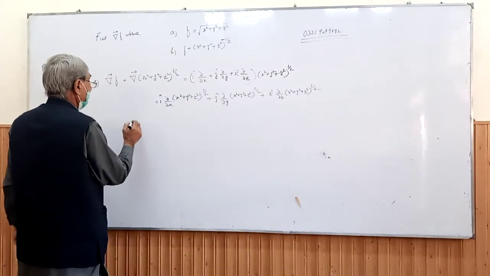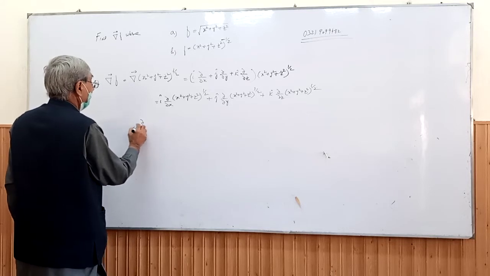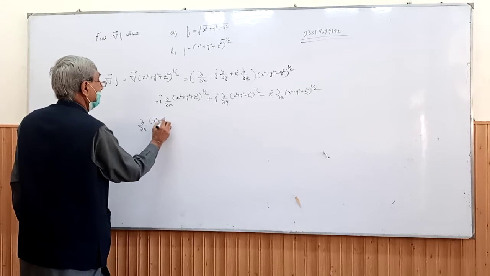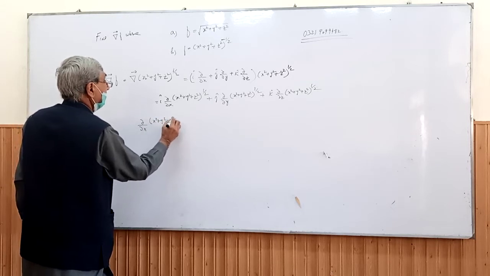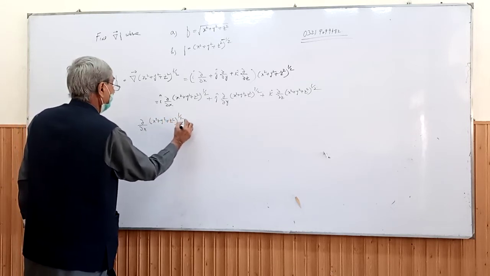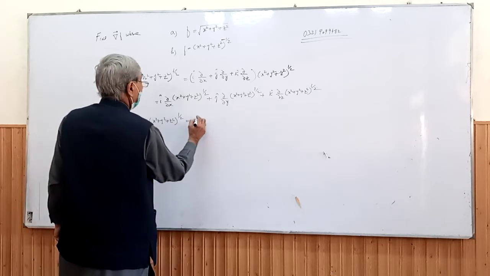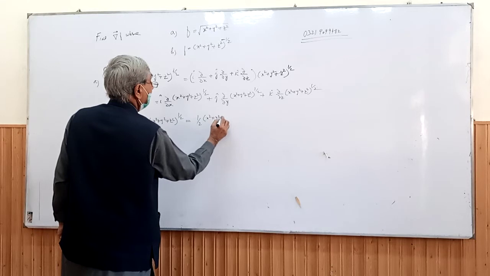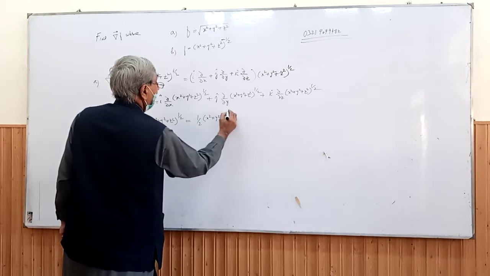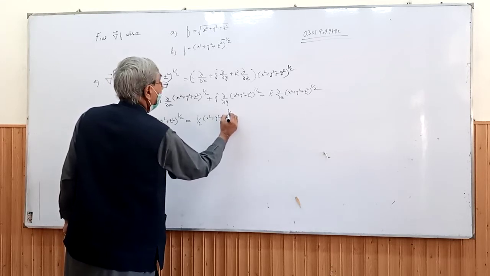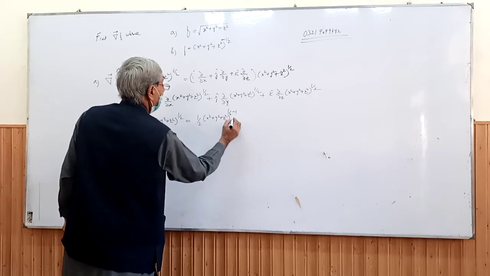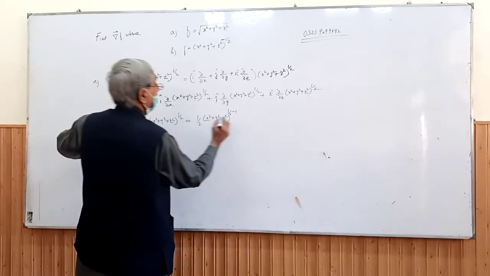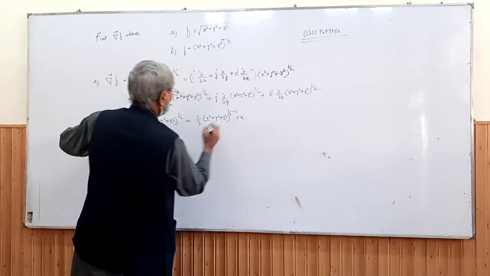For example, delta over delta x of (x square plus y square plus z square) raised to the power 1 over 2 is equal to 1 over 2 (x square plus y square plus z square) raised to the power 1 over 2 minus 1 into the derivative of this, because this is partial differentiation with respect to x, that is 2x.